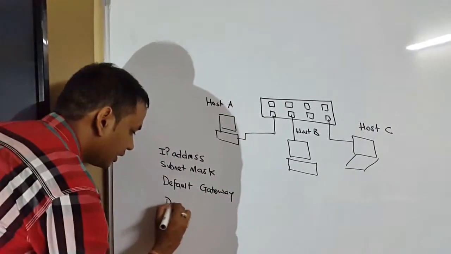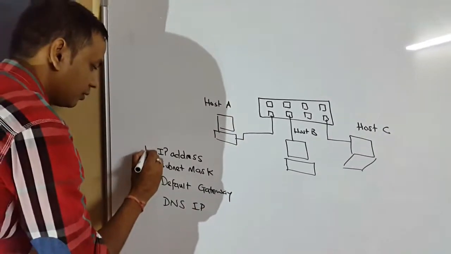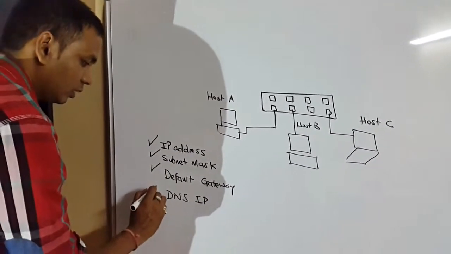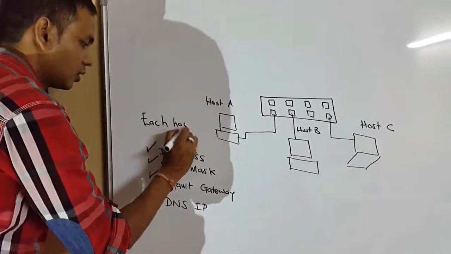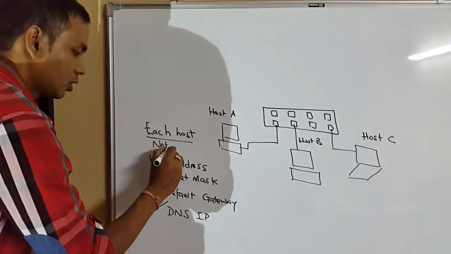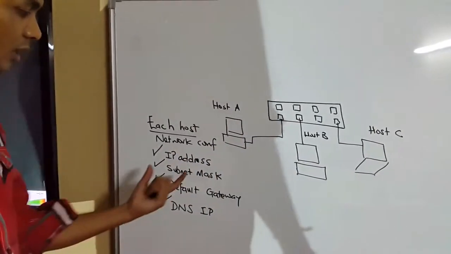We have another thing called the DNS IP as well. So we have IP address, subnet mask, default gateway, and DNS. Each host needs to have the following network configuration. Let me explain.